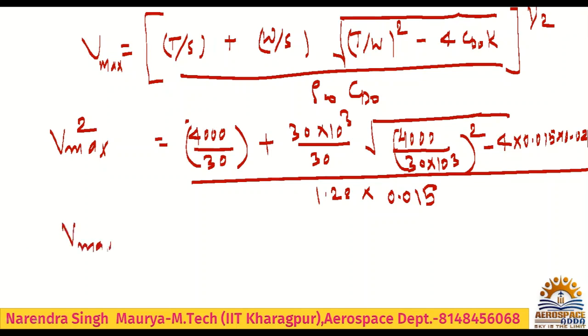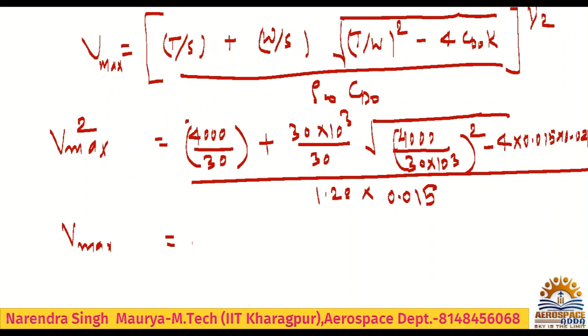So what V max will I get? Check. I'll write this. 4000 divided by 30 into 10 to the power 3, squared, minus, in brackets, 4 into CD naught 0.015 into K 0.024, right? 4 CD naught K. This is the value we got.